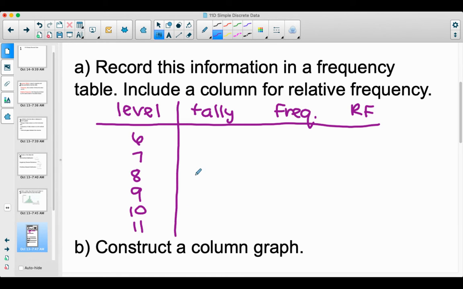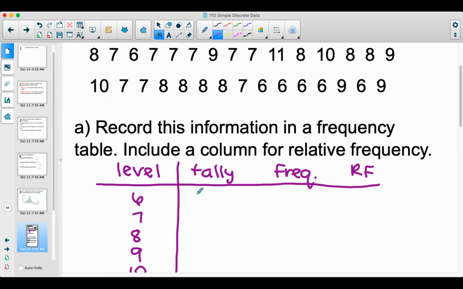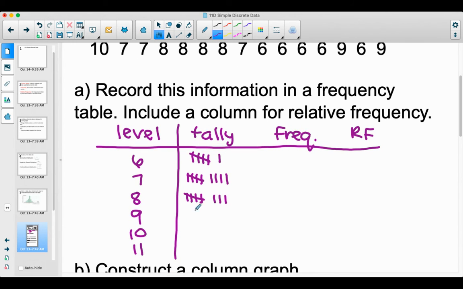So if we count those, there are six sixes, there are nine sevens, there are eight eights, four nines, two tens, and one 11.